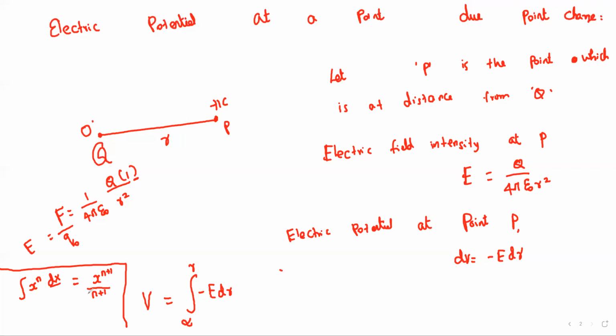You have to divide x to the power n plus 1 by n plus 1. So you should add 1 to this n, and you should divide x to the power n plus 1 by n plus 1.